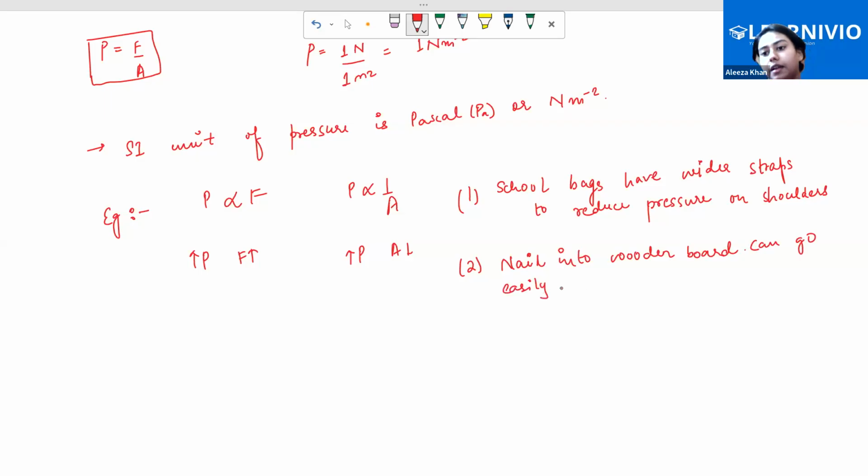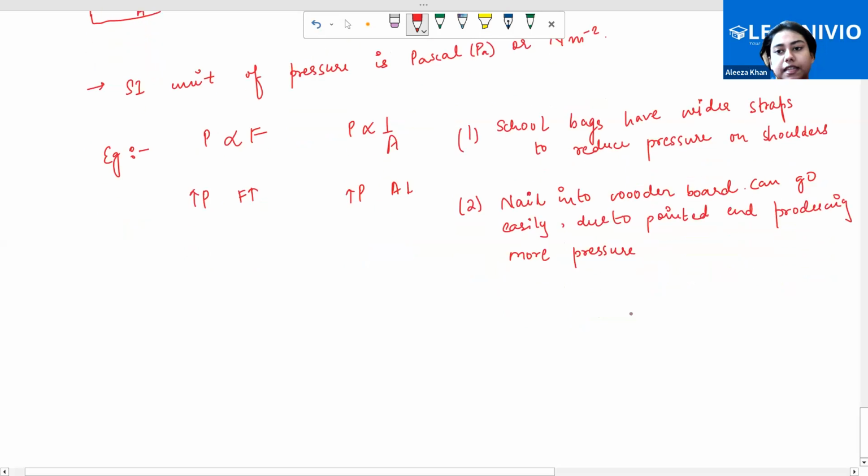Why? Due to the pointed end, producing more pressure, because the area is less. Area is less and pressure is more. Understood? Yes. So this is with respect to pressure and area.